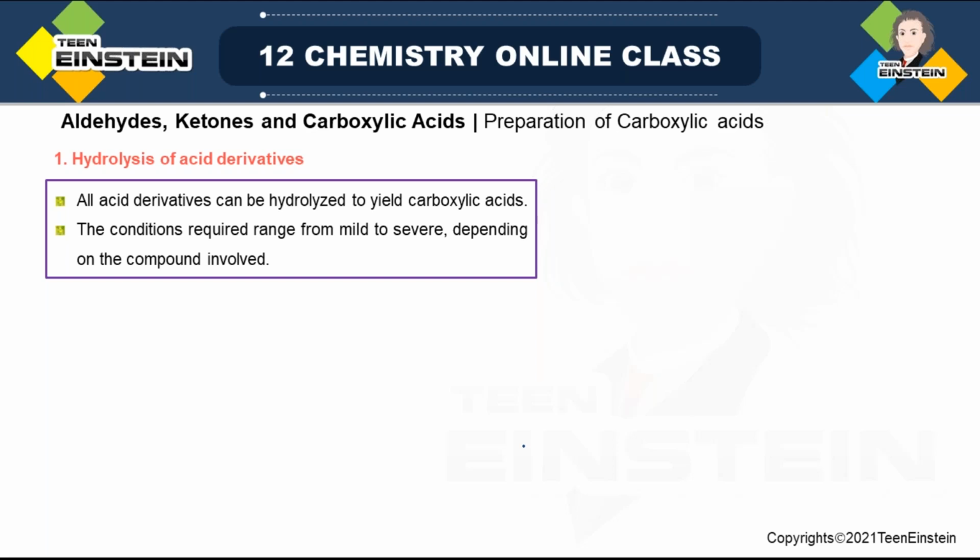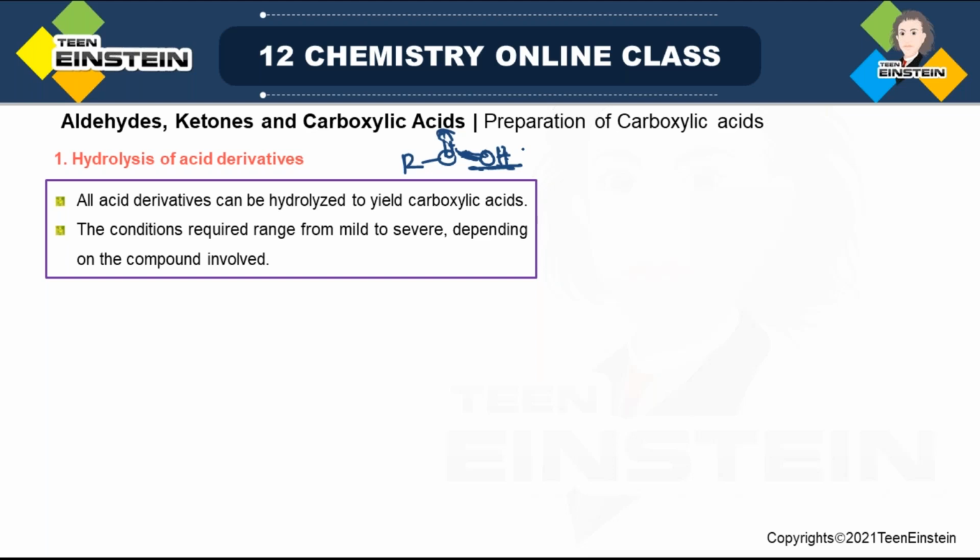There you can see different types of derivatives are possible. If I write the general structure of carboxylic acid and replace this OH with some other groups, for example NH2, CN, then OEt, you will get different derivatives of carboxylic acid. If you do hydrolysis with these compounds, you can get carboxylic acid.